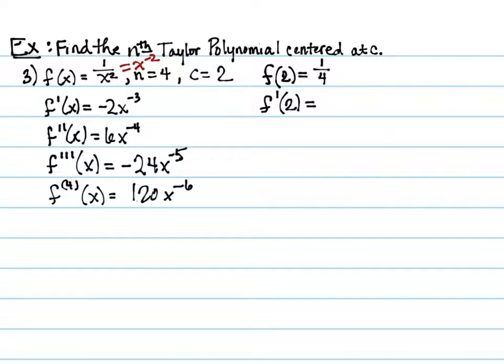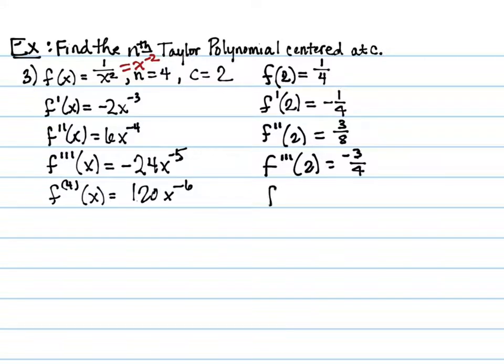The first derivative is negative 1/4. The second derivative is 3 over 8. The third derivative is negative 3/4. And the fourth derivative is 15 over 8.